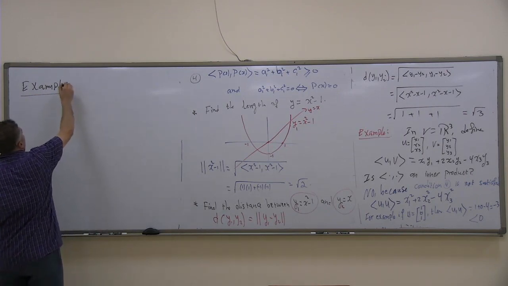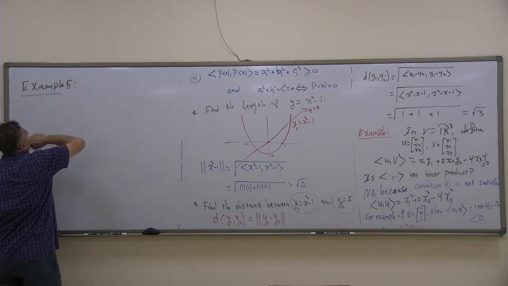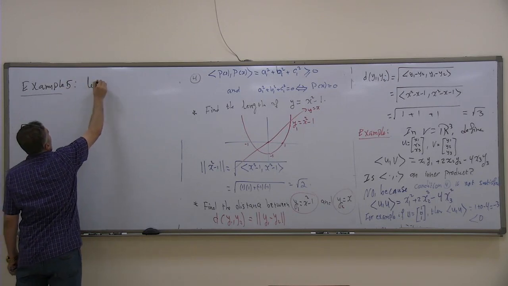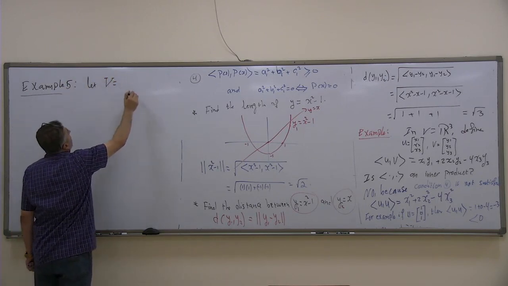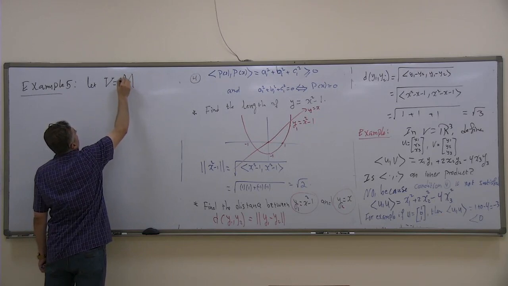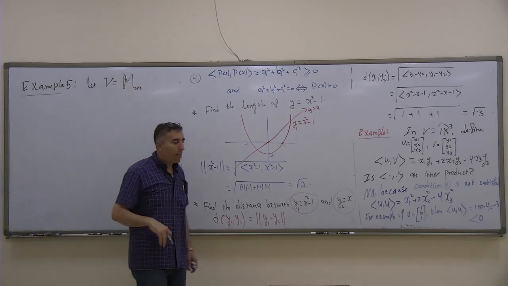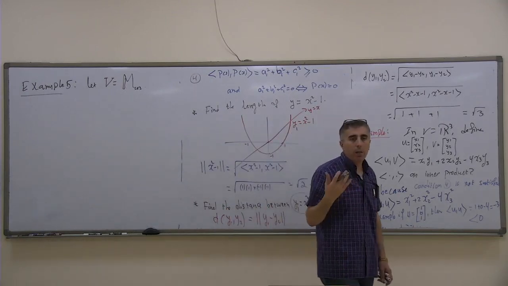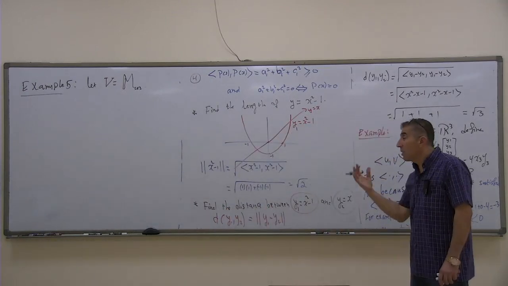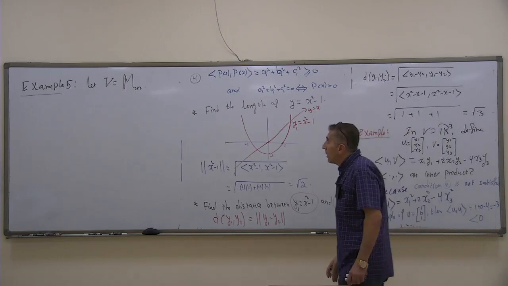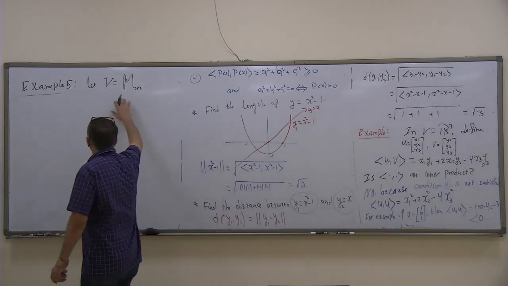Okay. Let your vector space be all 2 by 2 matrices. Once you understand the example, then you can ask yourself, what about 3 by 3? What about n by n matrices? You can generalize that. So this is our vector space.